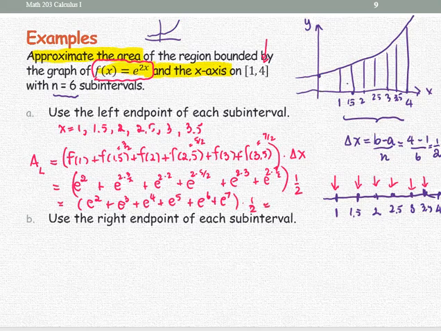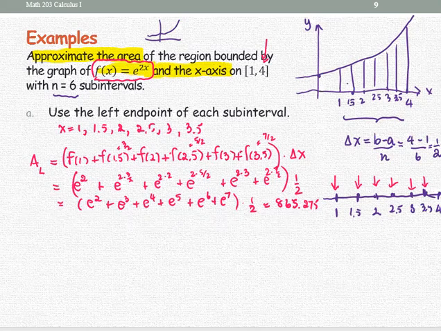The number in the calculator, if you could help me check, my calculator tells me comes out to be 865.275. So, from the graph, as you see, we use the left end.